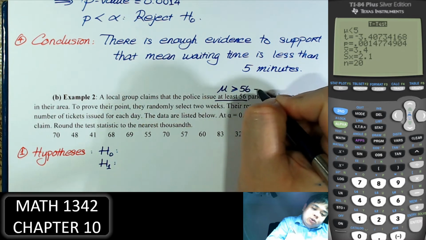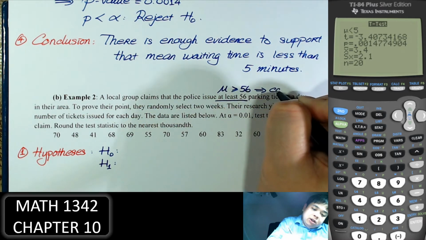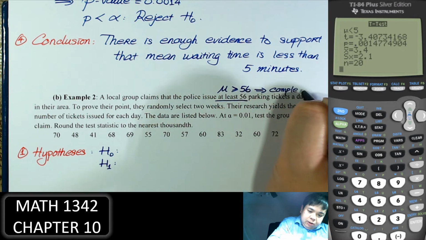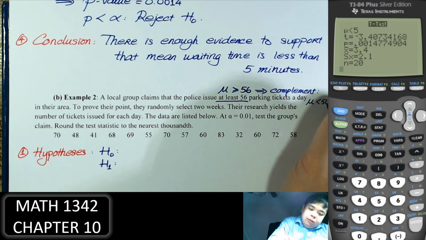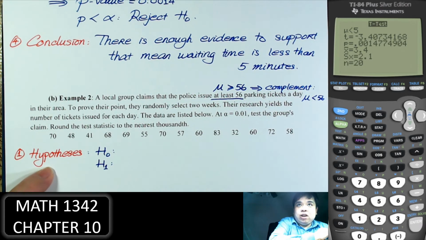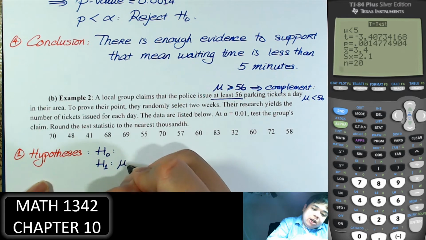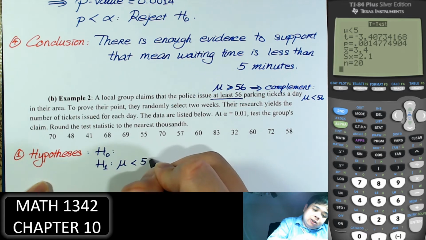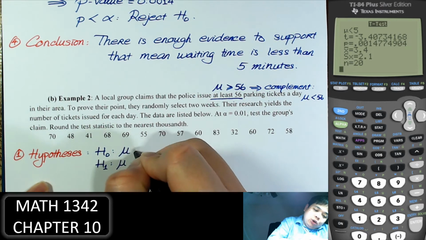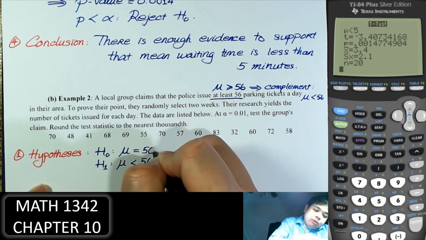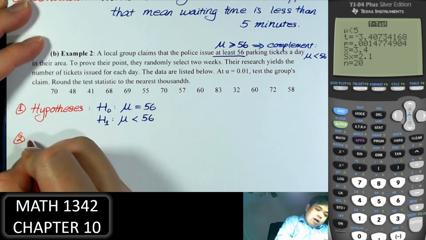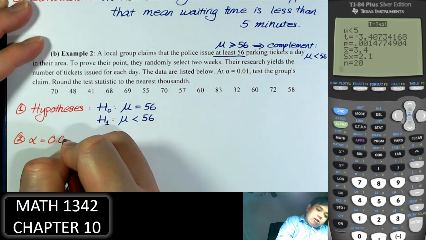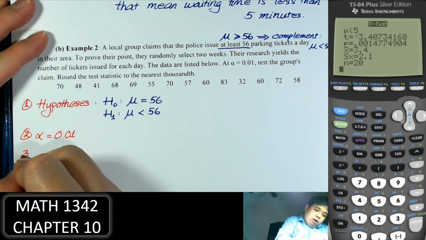This has the equal sign, so we have to write the complement. The alternative doesn't have the equal sign, because the null hypothesis is always equal to. Right, next, alpha 0.01. Now the computation.